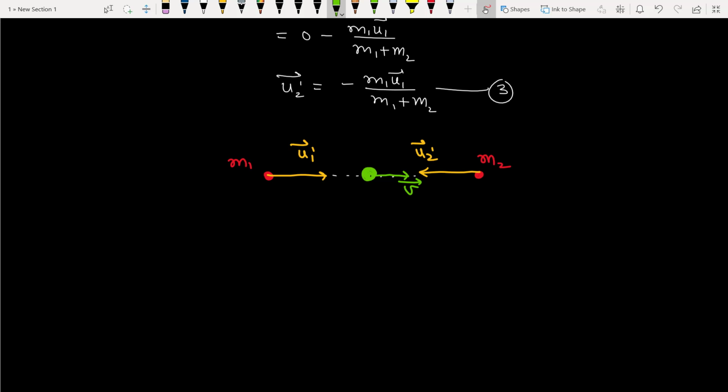So from the three equations we can take the inference that both the particles before collision will be moving in opposite directions and center of mass will be moving with velocity v.